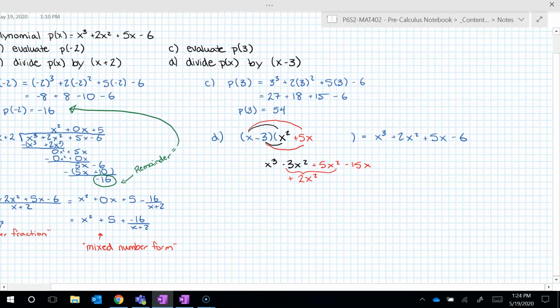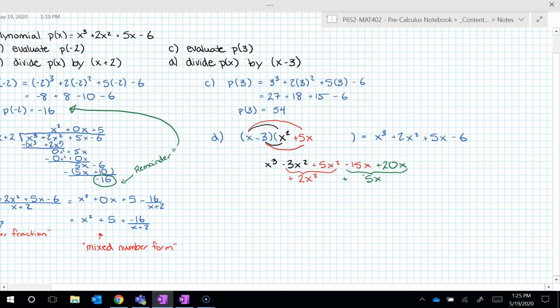I don't want there to be negative 15x's. I want there to only be 5x's. So my next term in here needs to be a plus 20x, so that when I put these two things together, I make a 5x.